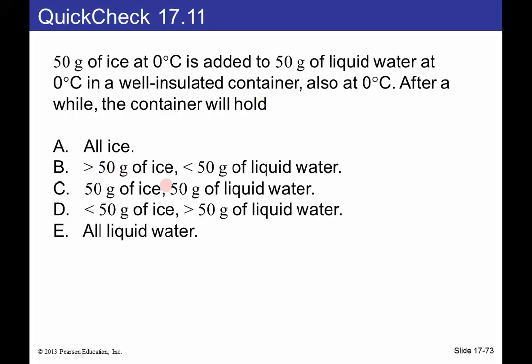Would you have more ice and less water? Would you have the same 50-50? Would you have less ice and more water? Or would you have all liquid water? Take a minute to answer the question. Well, there's no temperature changes here, so there's no heat transfer, so you're going to stay at the same place.